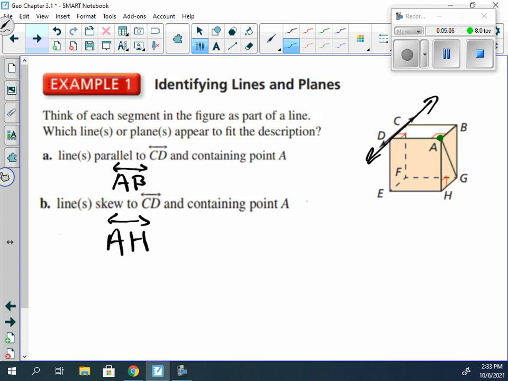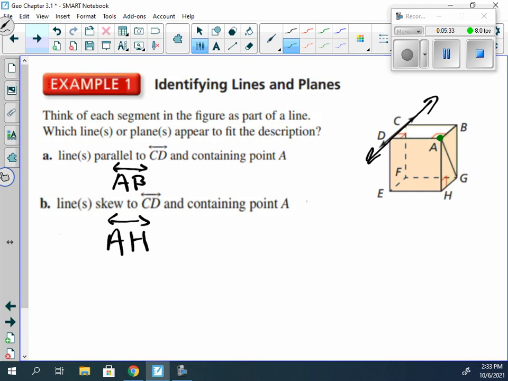Because is point H contained within the plane? No. So according to our line plane postulate from last chapter, if 2 points are contained within the plane, then the line containing those 2 points is also in the plane. Well, H is not in the plane, so line AH would not be in the plane either.